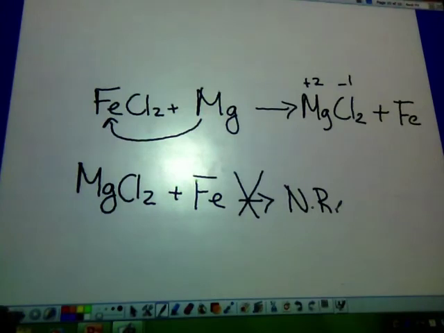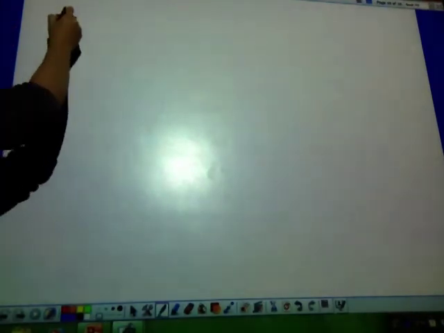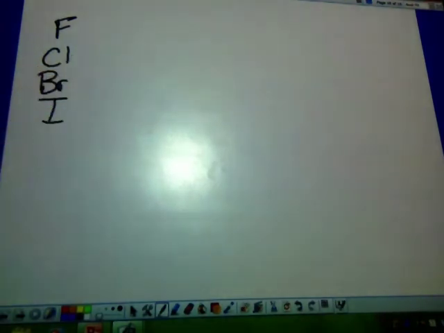I can also have single replacement reactions using halogens, using those halides. So it goes the same way, same rule, kind of like your activity series for metals. So we have fluorine, chlorine, bromine, and then iodine. Those are the ones that we typically use.